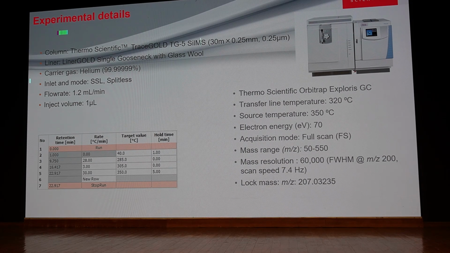Somebody was just asking a question, how can that be possible, how can full scan analysis be differentiated between single quad MS and HRMS. From a full scan point of view, you get the total signal and the chromatography remains the same. When you are doing the extraction, in HRMS you apply a 5 ppm mass extraction window, whereas in triple quad or single quad you apply a mass extraction window of near about 700 to 900 ppm mass error. That is the difference between these two.